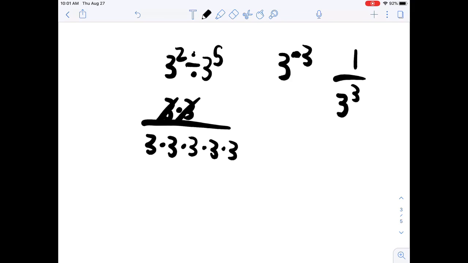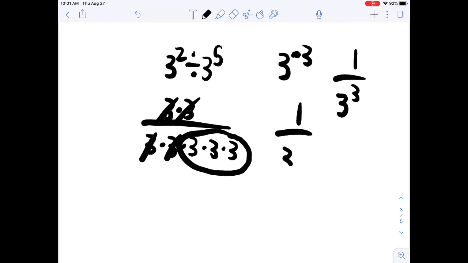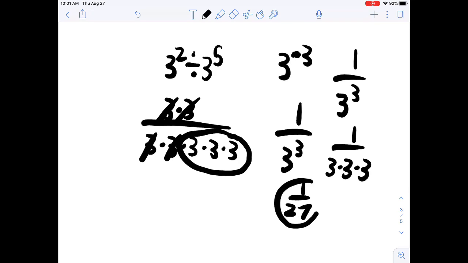So you can cross out both 3's on the top and 2 3's on the bottom. And you're left with 3 3's in the denominator. And so from here, you get 1 over 3 to the power of 3. And from here, you can solve 1 over 3 times 3 times 3, which equals 1 over 27.